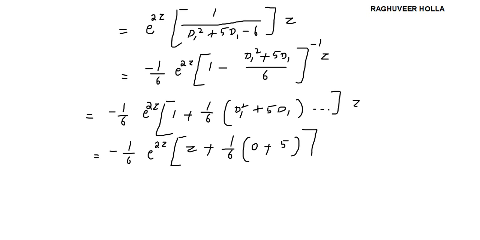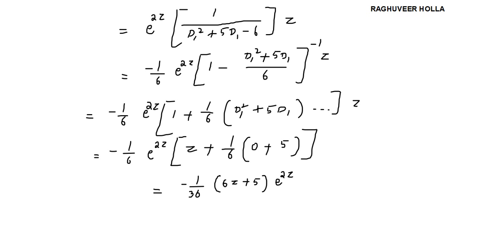So further let me complete this. After simplifying, I can take 6 outside, so this becomes 36, and if I put this as 6z plus 5, into e to the power of 2z, right?